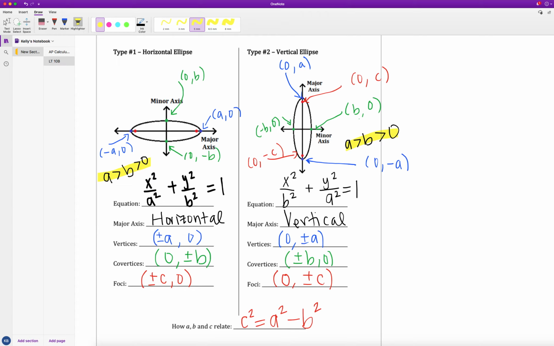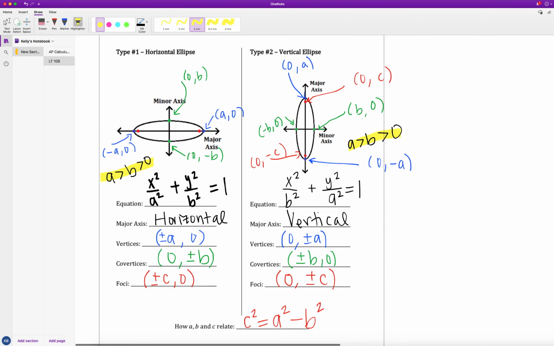So in this case, because I'm stretching more along the x-axis, I'm dividing x squared by a squared. And on the flip side over here, because I'm stretching along the y-axis, my y squared is now divided by a squared, which is what causes my left side to be a horizontal and my right side to be a vertical ellipse.